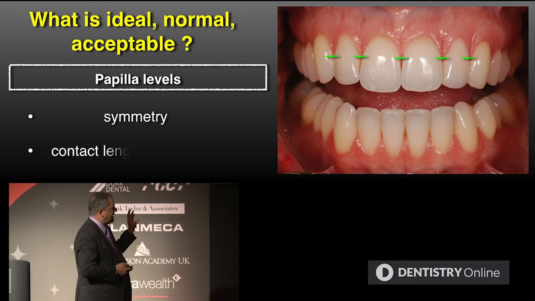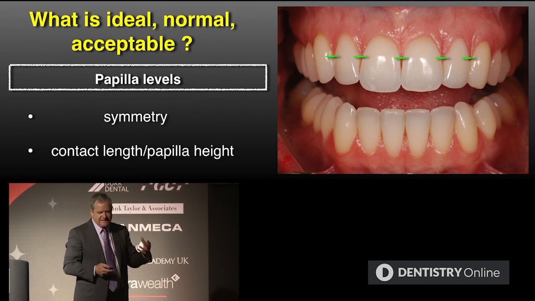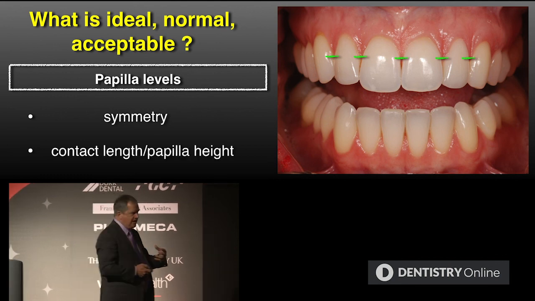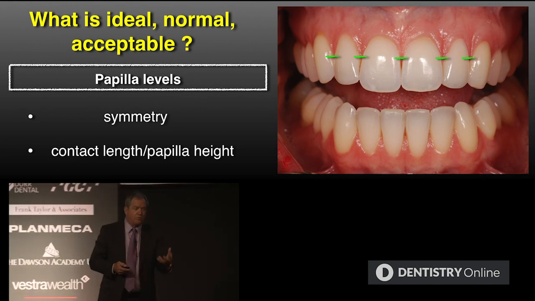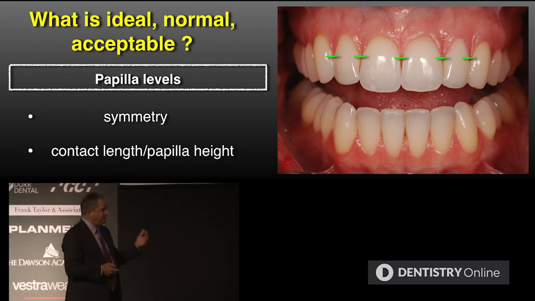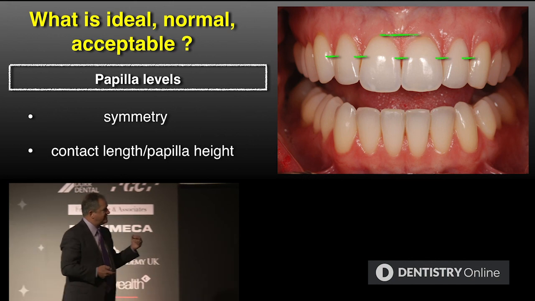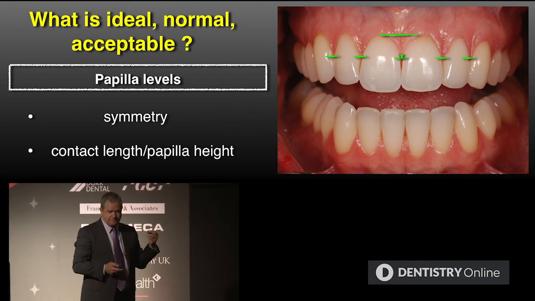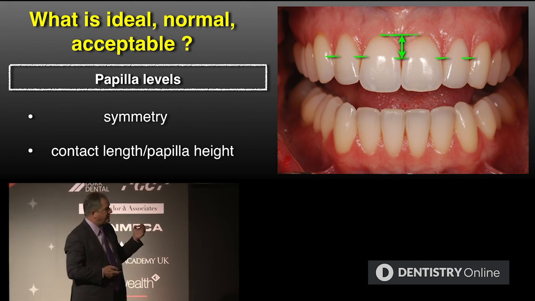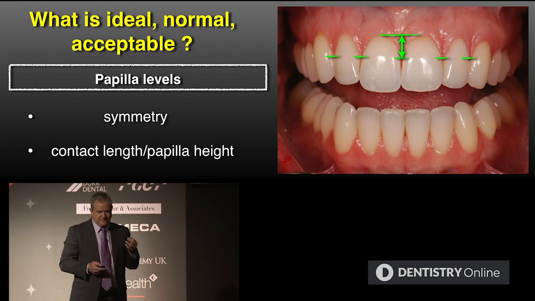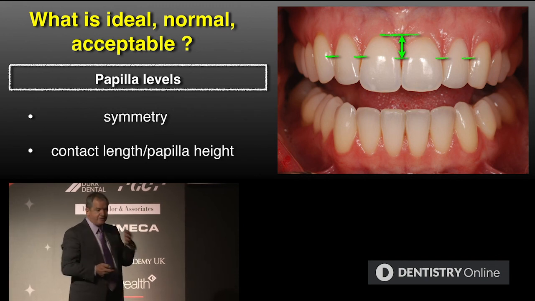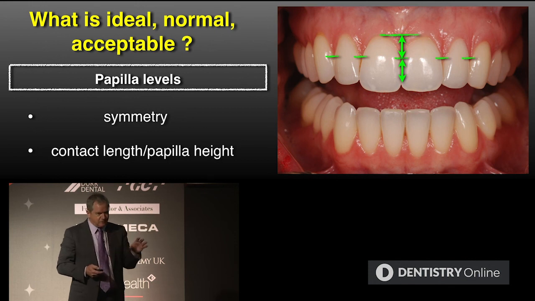And what we really look at is what we call contact length and papilla height. And if we were sort of looking at what normal or ideal would be, if we measured from the gingival margin of the centrals down to the tip of the papilla, that would be called the height of the papilla. And research, 3 different papers have done this, and in unworn, well-aligned central incisors, the height of the papilla and the length of the contact are equal.